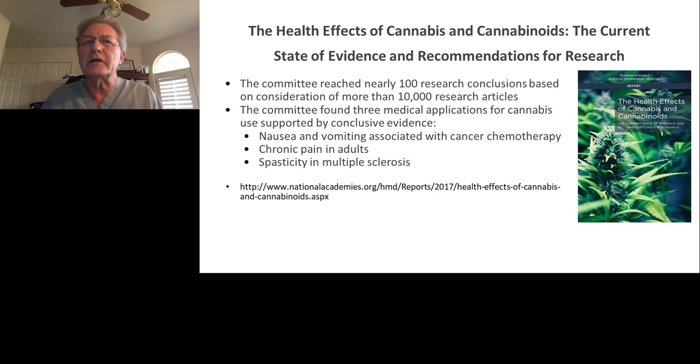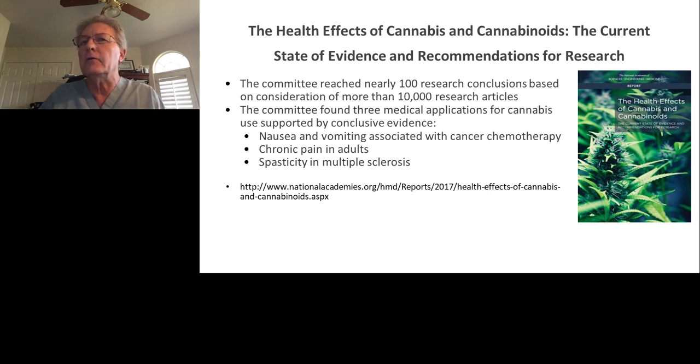The committee focused exclusively on human literature and did not consider basic research conducted using animal models. So the committee reached nearly 100 conclusions based on the consideration of more than 10,000 peer-reviewed research articles that have been published up to that point in time.